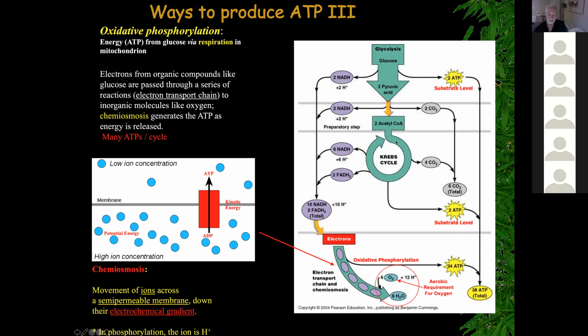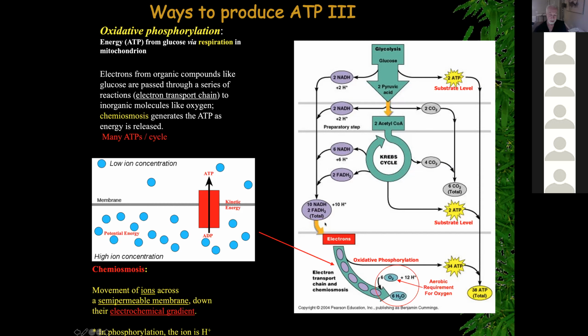So that's really the beginning and the end of what happens in the Krebs cycle. It generates a little bit of ATP and a lot of reduced electron carriers.